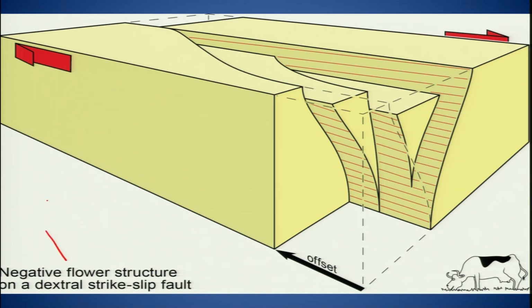suppose you have a right stepping of the fault, okay, and you have a right lateral movement. So what you will see here is extension. So you have right lateral strike slip, and in right lateral strike slip you have a right step over.